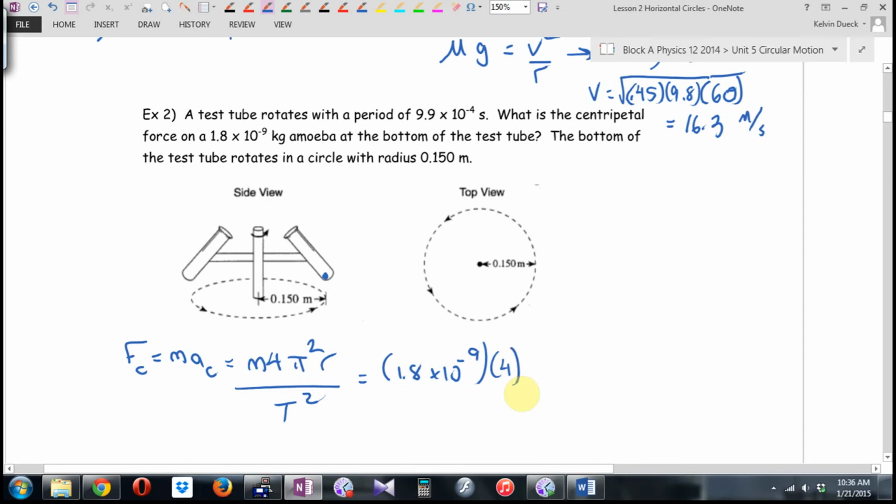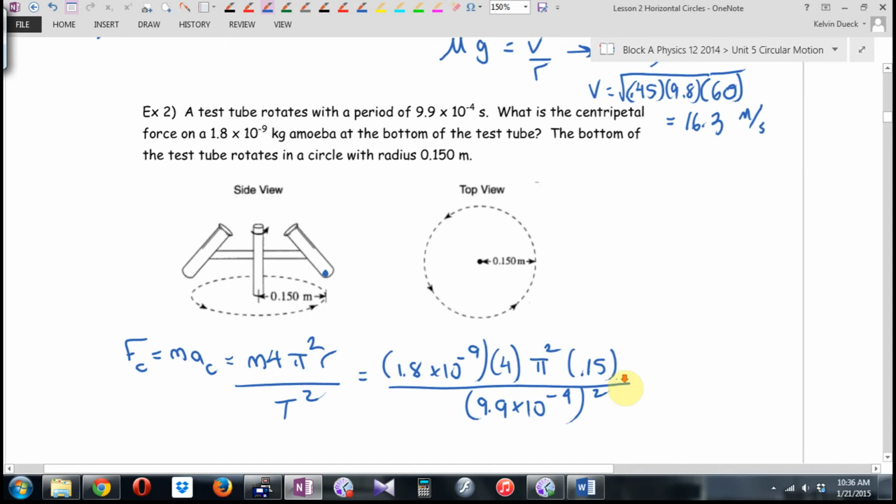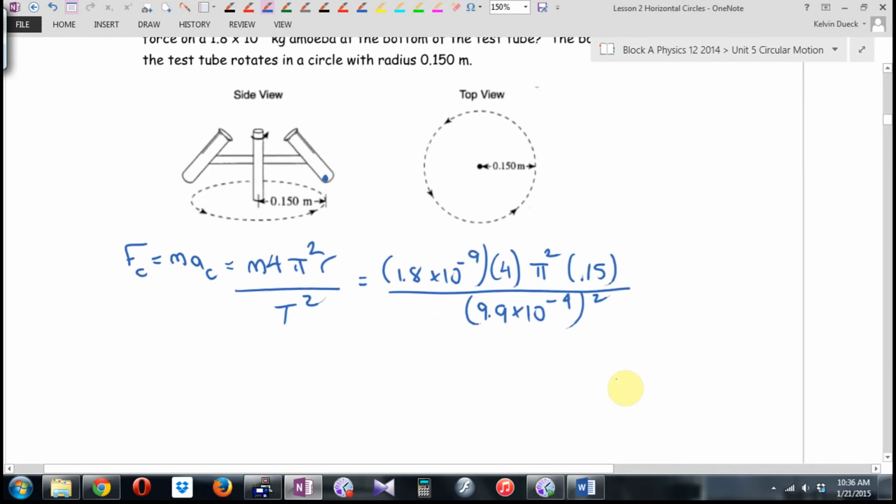4 pi squared times r, 9.9 times, no, where's r? 0.15, all divided by T squared. You need to learn how to type all this into your calculator, where the brackets need to go.